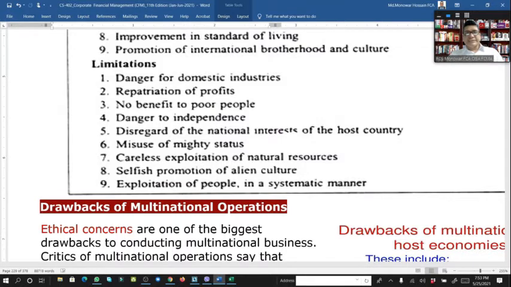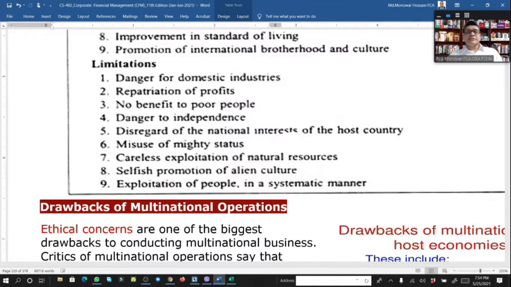So it's also a dangerous thing. Another is repatriation of profit, because foreign companies transfer their profit and technical know-how expenses to their own country, with no benefit to poor people. Another is danger to independence. For example, in our subcontinent the British ruled for 200 years.